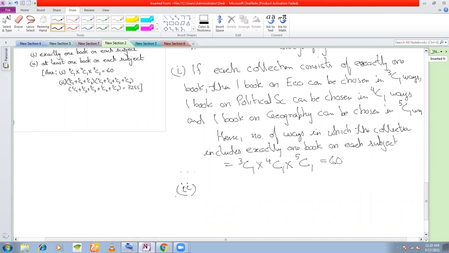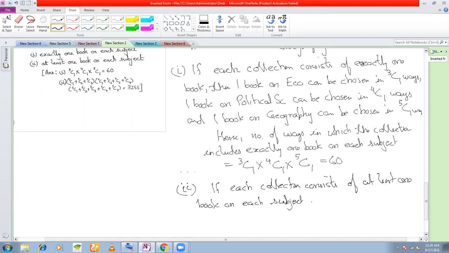Second question. At least one book on each subject. Okay. If each collection consists of at least one book on each subject, then it can be done in the following ways.